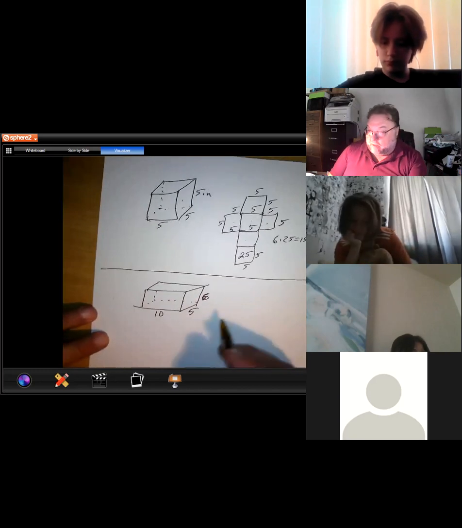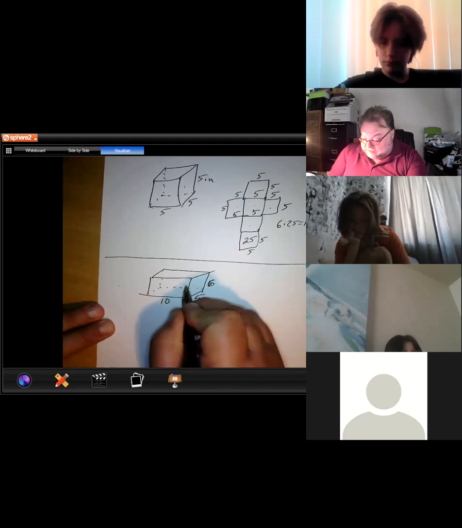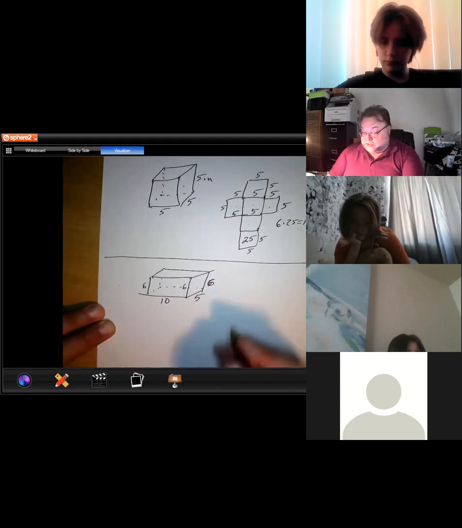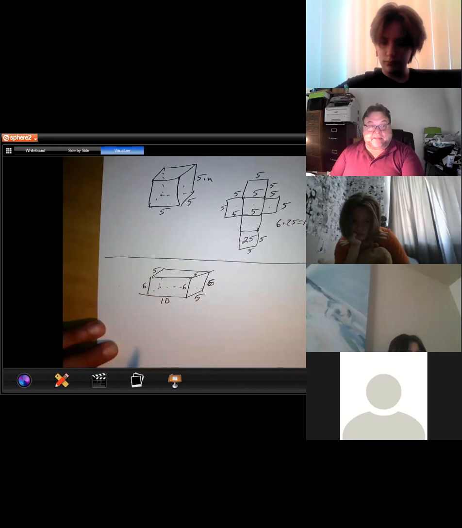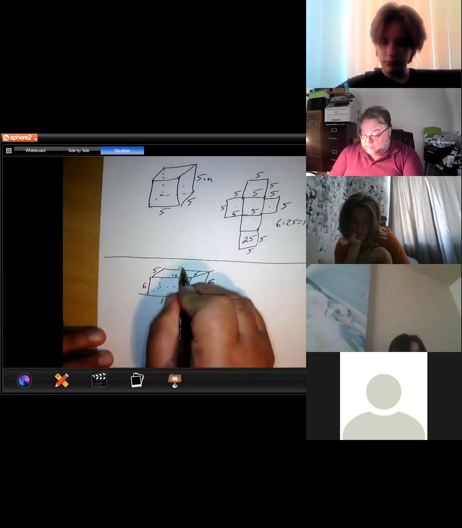Now, one of the easiest ones to see, first of all, here's my height of 6. So I'm going to transfer that height around so that I can use it other places. Now you see how I'm doing it to its opposite places, but I'm keeping it where it's supposed to, doing it in the right spot.